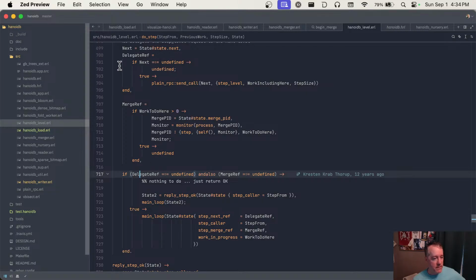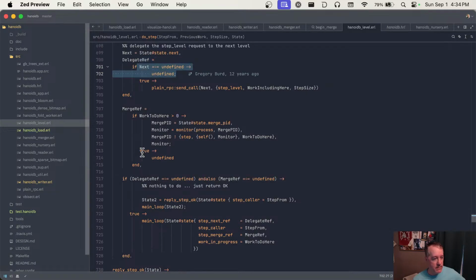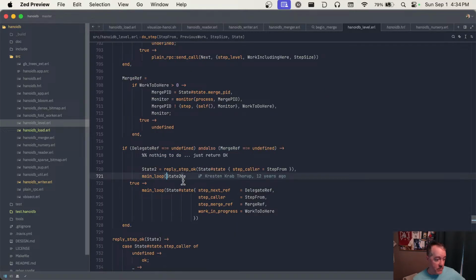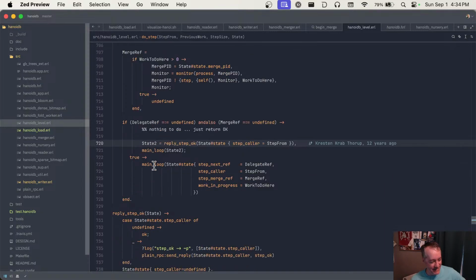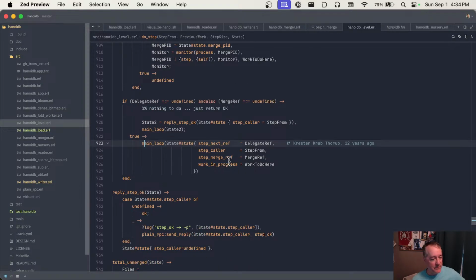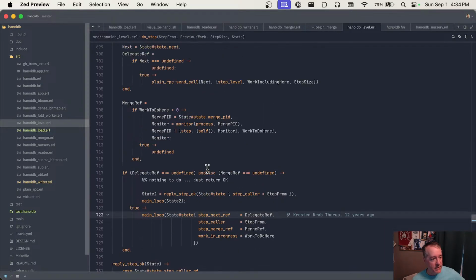Okay, so if there was no next level, right? Or this plain RPC doesn't return if it returns undefined. Okay, so if there's no next level and there's no merger, then we just say, yep, we did it. Otherwise, you go into the main loop, and now we've got a reference for the reply from that.